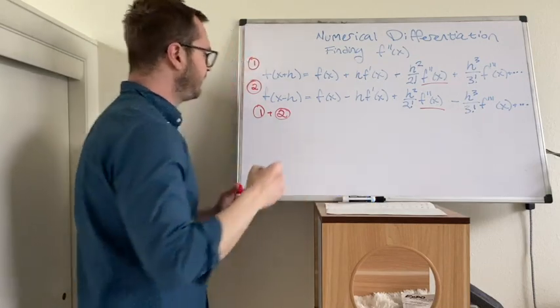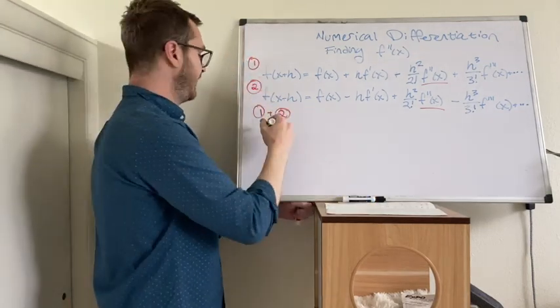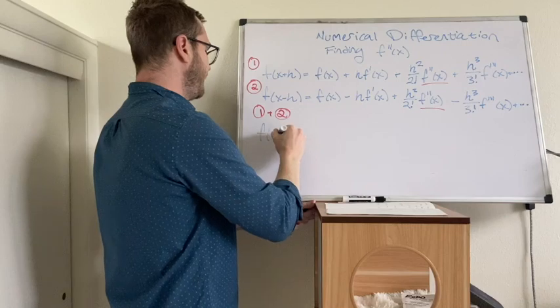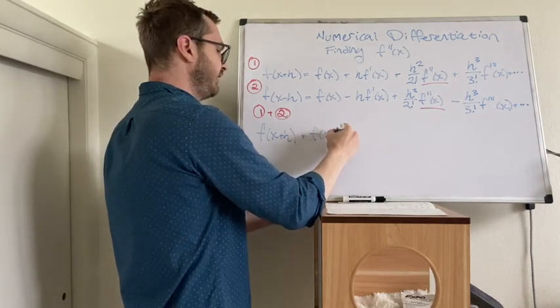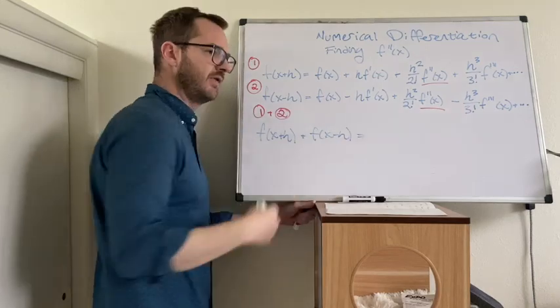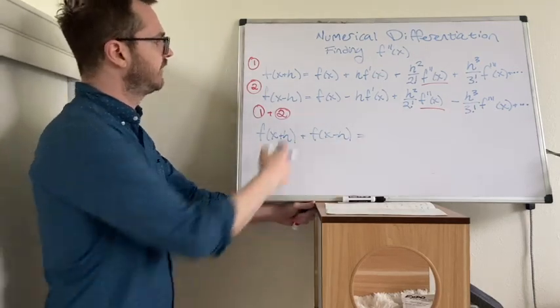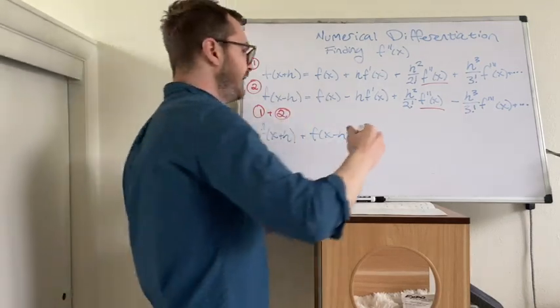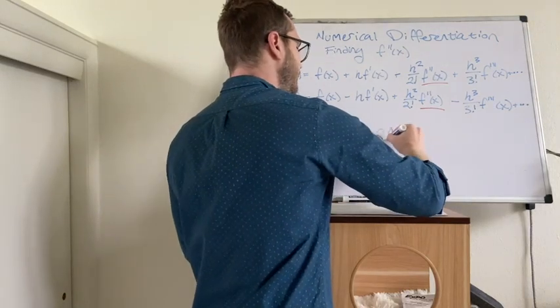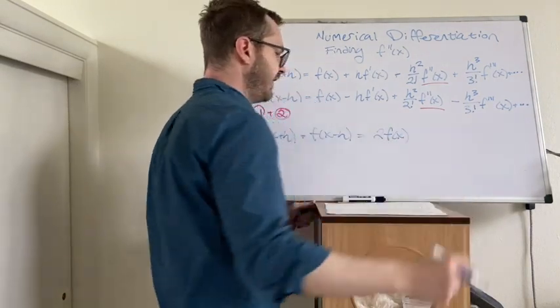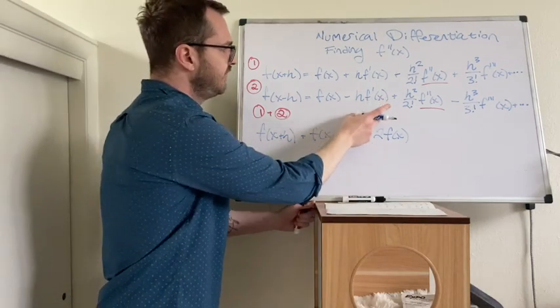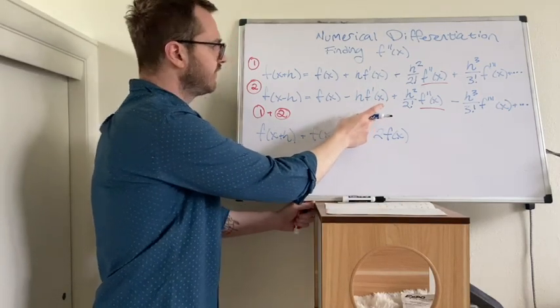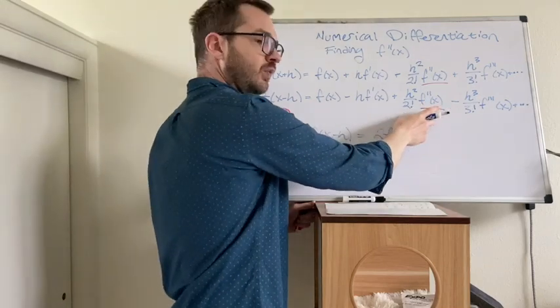If we do 1 plus 2, the left-hand side, f of x plus h plus f of x minus h. Next, the f of x's will add. This is 2 f of x. And then the f primes, these are going to cancel. These will add.